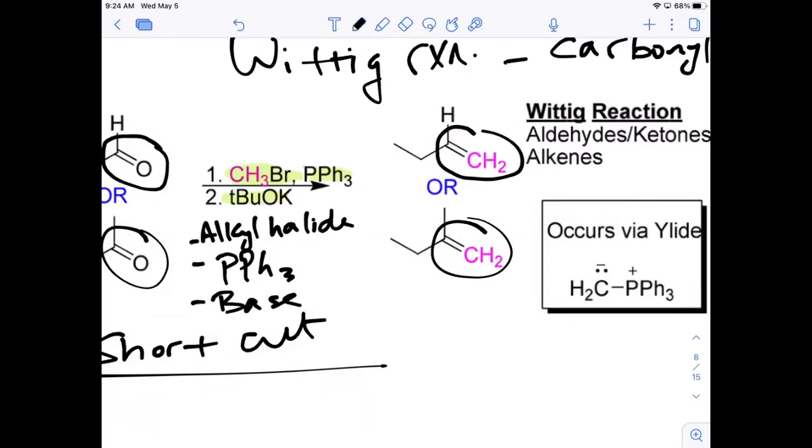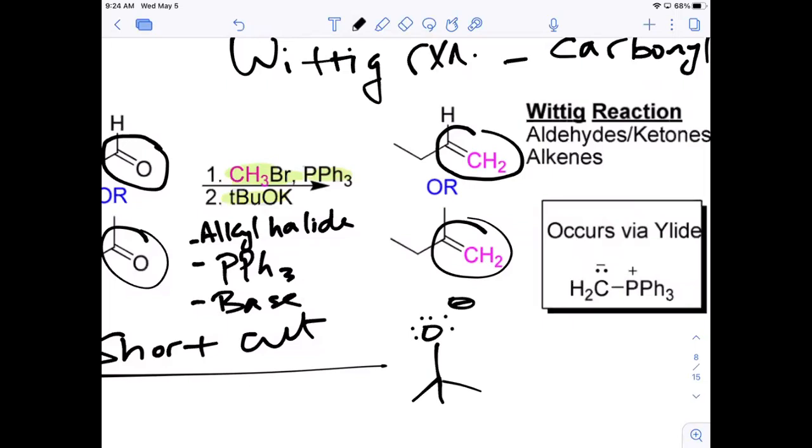right? And you've seen this base before. This is potassium tert-butoxide. It's just oxygen bonded to a tert-butyl group, and it's negative. It's really basic. The more bulky your base is, the more basic it's going to be, and the less nucleophilic it will be.